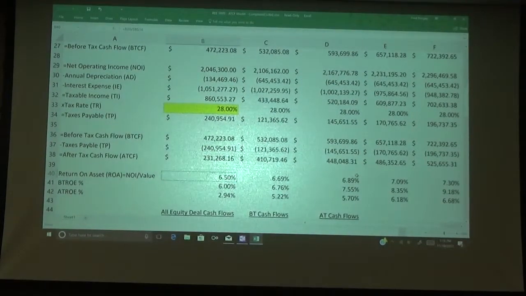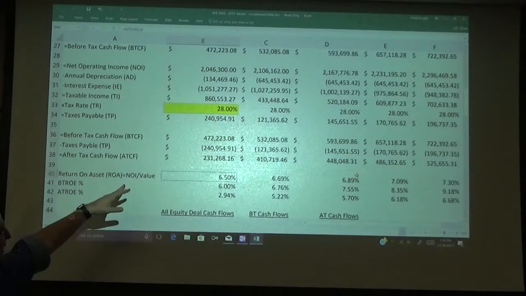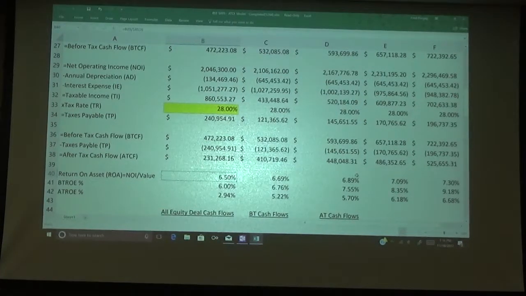Subsequent to that, one of the things that we're going to do here is a few return calculations. One that you can call return on asset is simply the net operating income divided by value; cap rate would be another way to look at that.